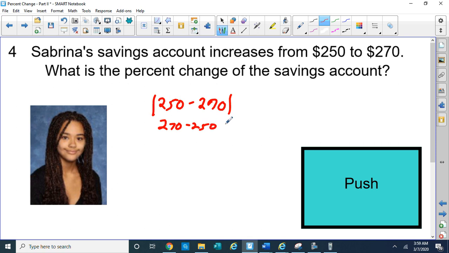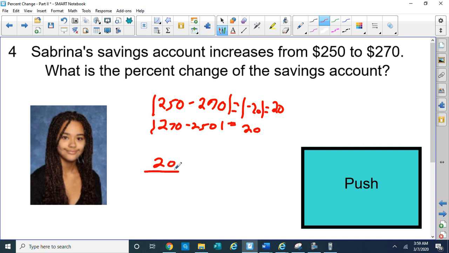I'll get $20. So absolute value will give me the positive answer always. So I know I get negative 20 up here, and the absolute value of negative 20 is 20, and 270 minus 250 is 20.